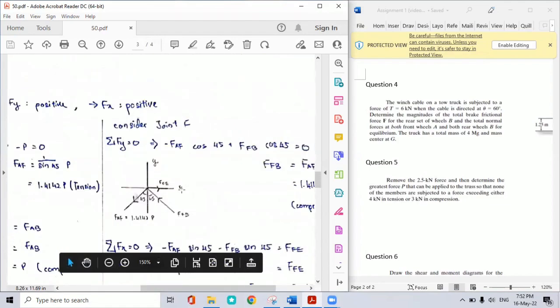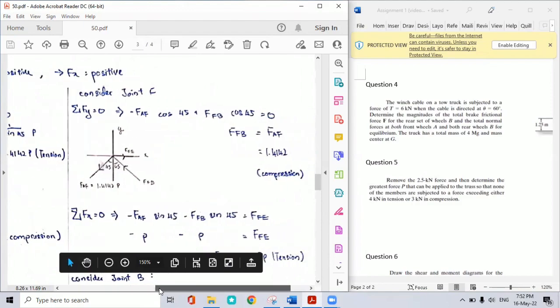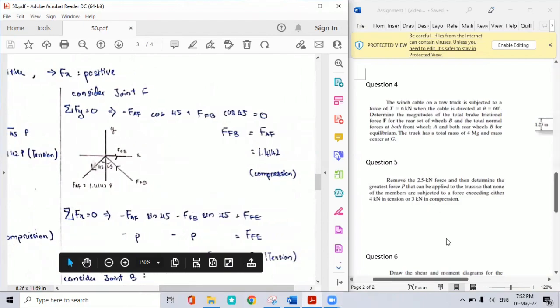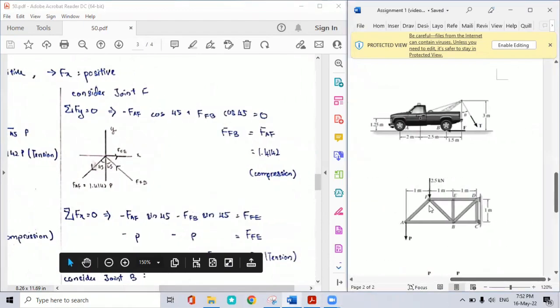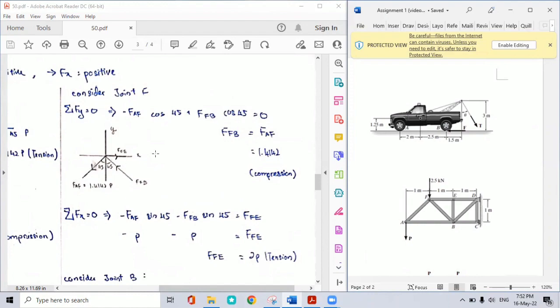Okay, so consider joint F right here. We can take a look at the joint F having the force right here, the force right here. And therefore, we can again make an equation right here. Considering the vertical direction, we need to resolve all these forces into vertical directions, and then we take the sum equal to 0.